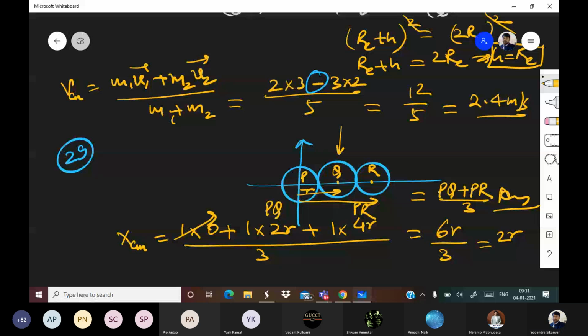Yes is saying, sir, both B and D will have the same value, right? Let me check what is given in option D. PR plus QR by 3. No, PR plus QR, how is it the same? How is it the same?